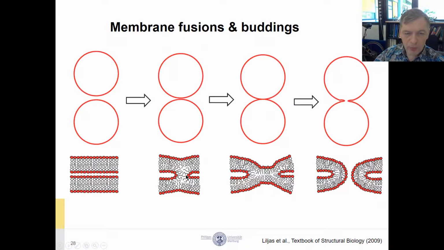And only when this transition pore has been formed can it start to grow more. You see this here in the overview, and then finally it can split off again. So it's a pretty complicated process in terms of topology, and then you have two vesicles fused. So that is usually not happening spontaneously.